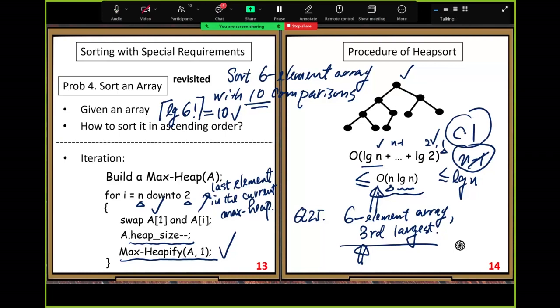To solve this problem, your target should be better than 10 comparisons. That means you should target a non-sorting solution. If you can get a 9 comparison solution without sorting, then you are there.